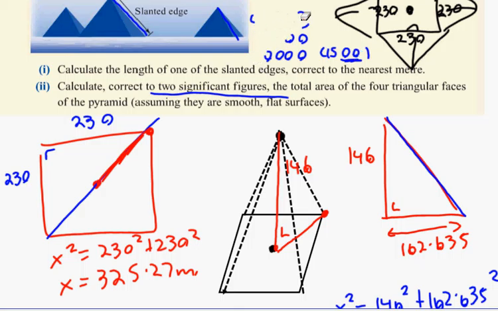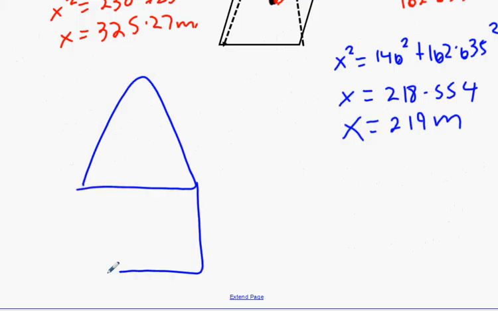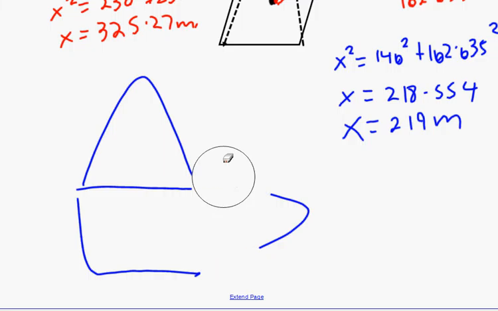Now, let's get back to it. It wants me to calculate the area of the four triangular faces. Let's concentrate on the triangular faces. We're talking about the 4 of them here. For argument's sake, I don't need to draw them all.